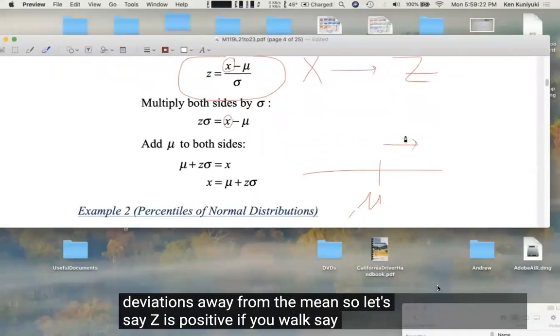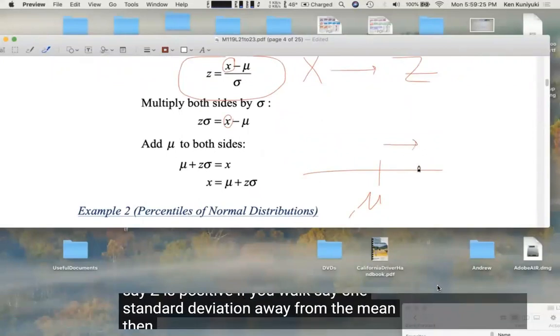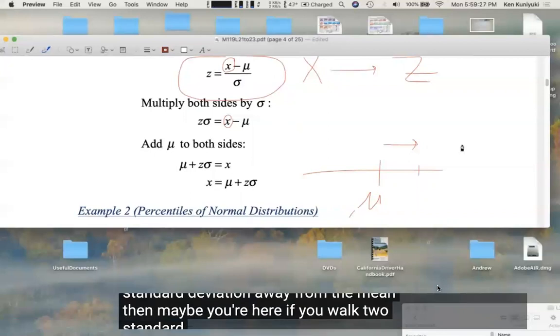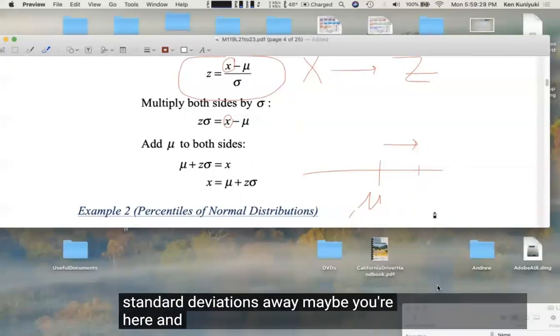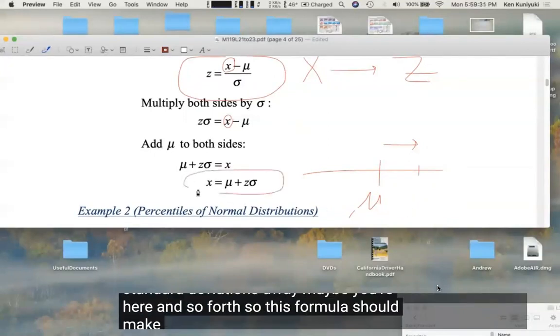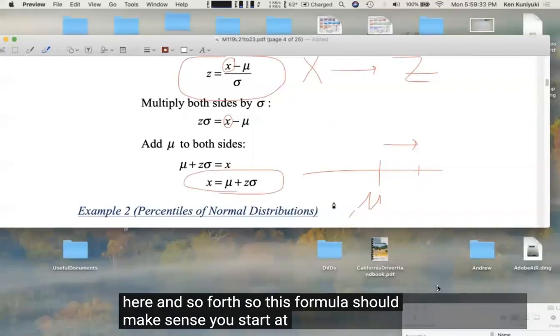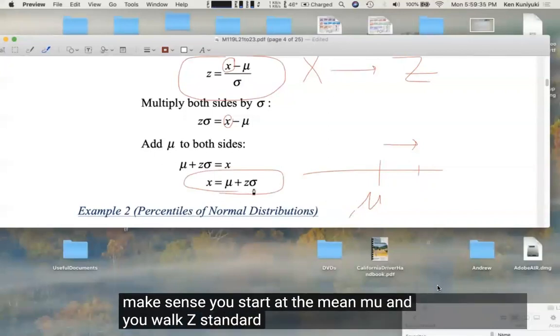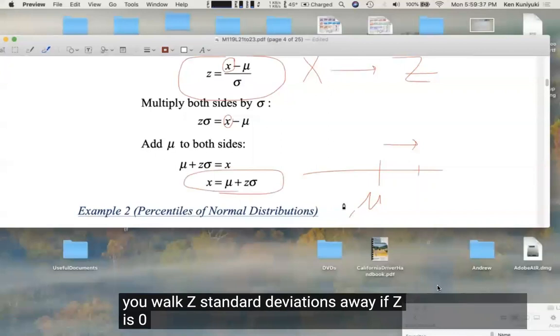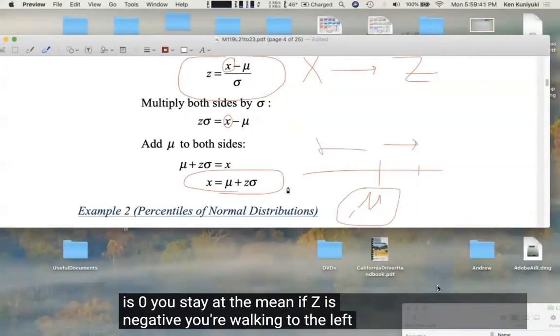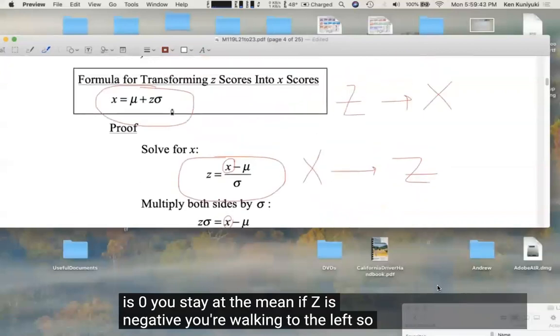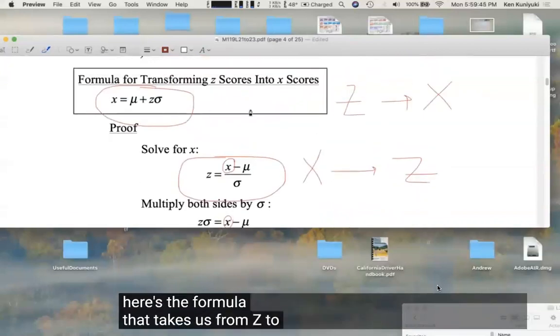If you walk, say, 1 standard deviation away from the mean, then maybe you're here. If you walk 2 standard deviations away, maybe you're here, and so forth. So this formula should make sense. You start at the mean mu, and you walk z standard deviations away. If z is 0, you stay at the mean. If z is negative, you're walking to the left. So here's the formula that takes us from z to x.